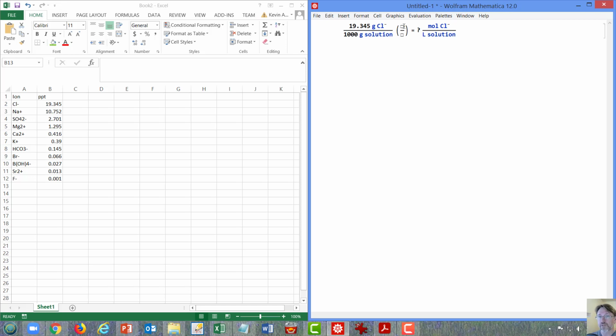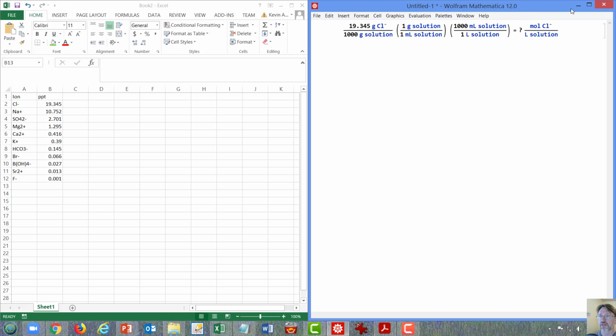Well, it's in water, so a gram of the solution is going to be 1 milliliter of the solution. And we need to get to liters, so we want 1,000 milliliters over 1 liter solution. Okay, so grams of solution cancels, milliliters of solution cancels, and we are left with liters of solution in the denominator.